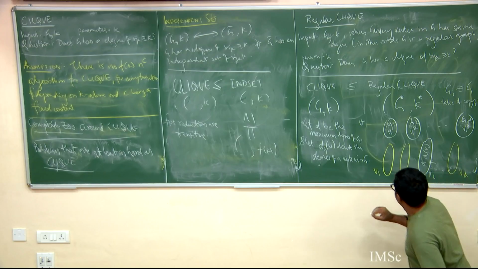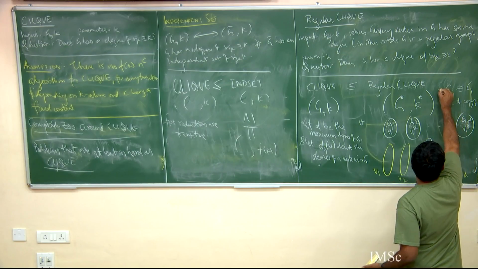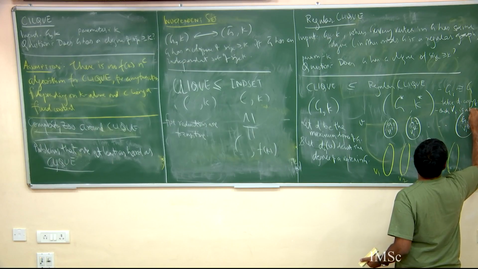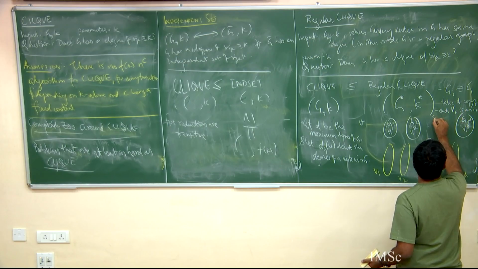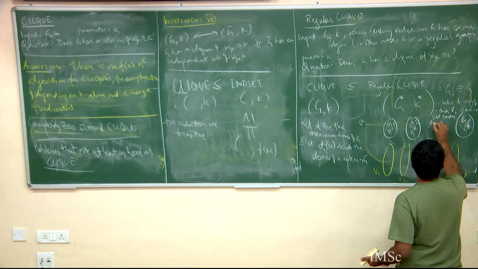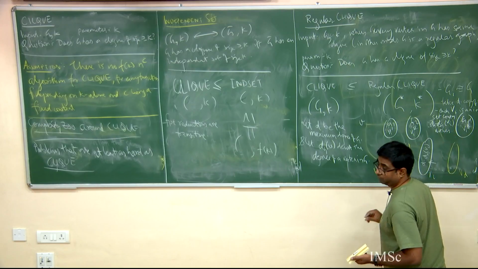So next property: second, each V_i is an independent set containing D minus d_G(v_i) vertices. That's it.